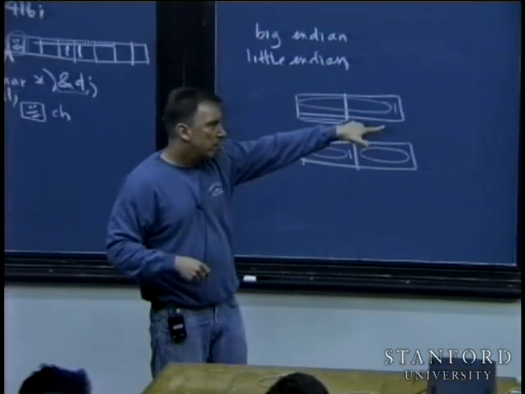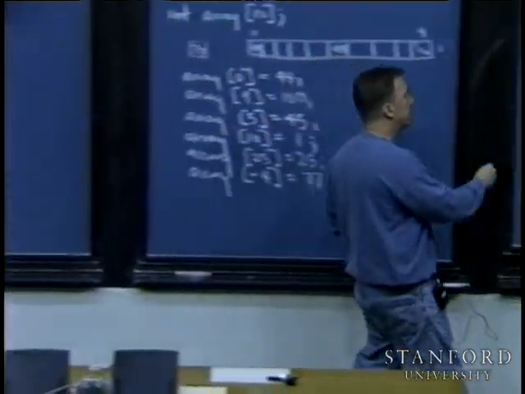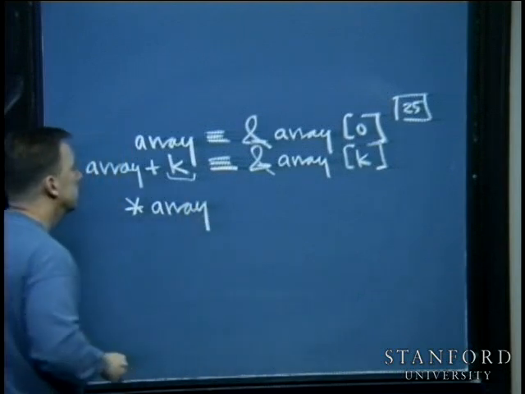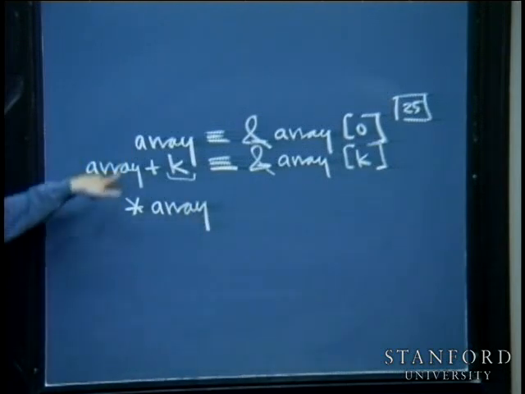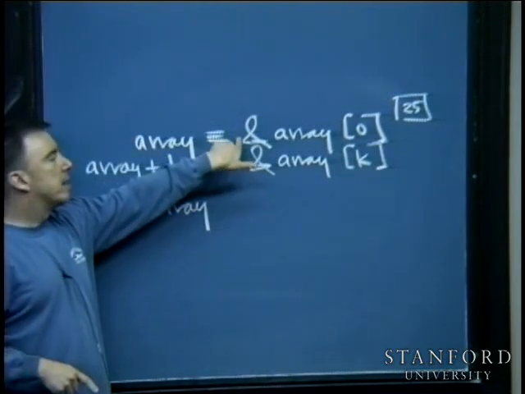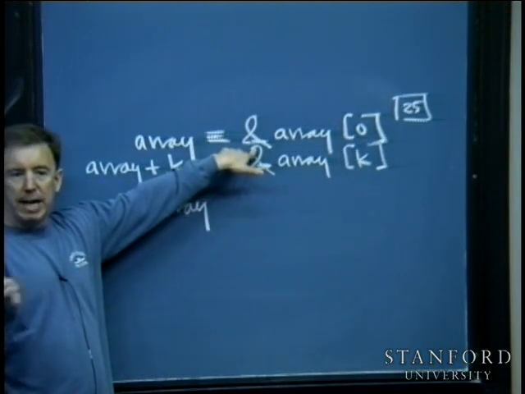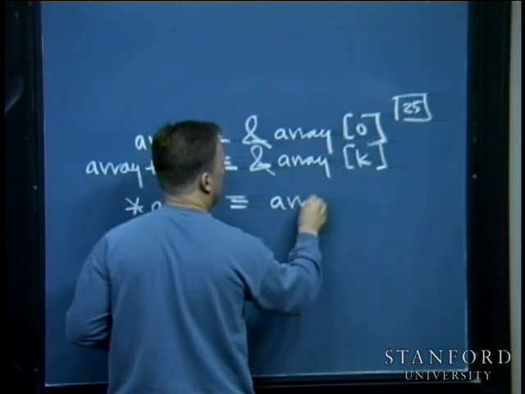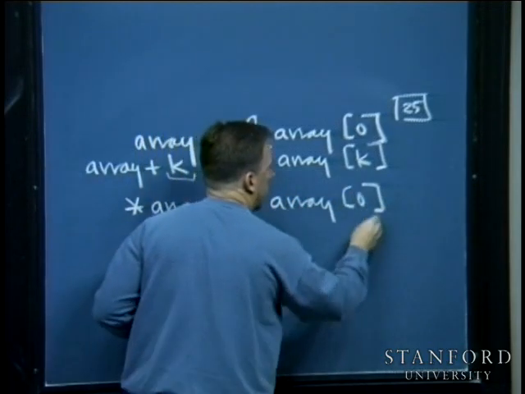Okay, there's a couple more rules I want to talk about here. When you dereference this right here, if you put an asterisk in front of this ampersand, they kind of negate one another. So this is synonymous with array of 0.